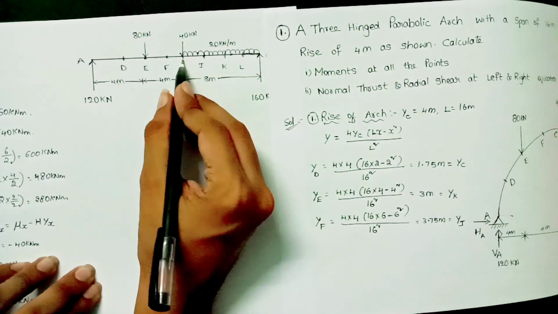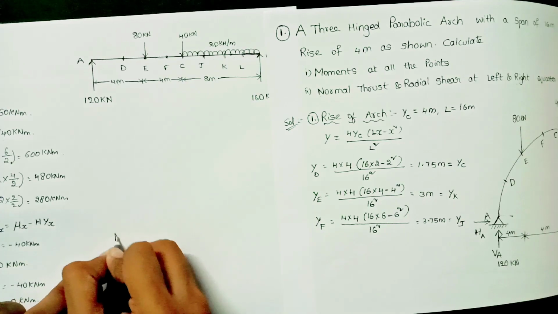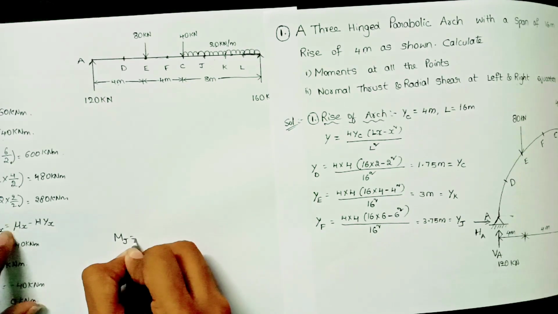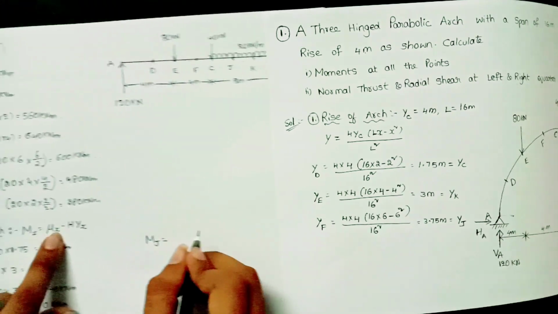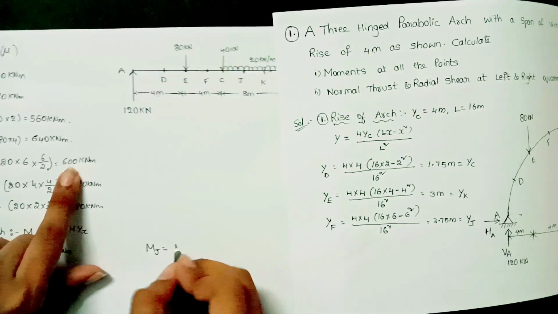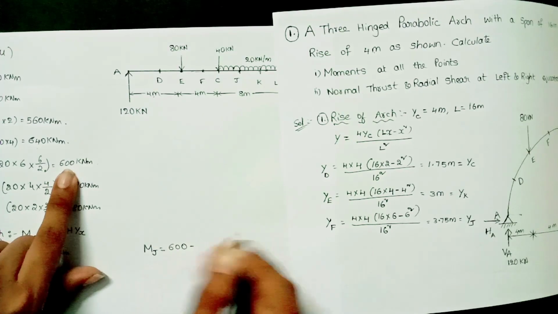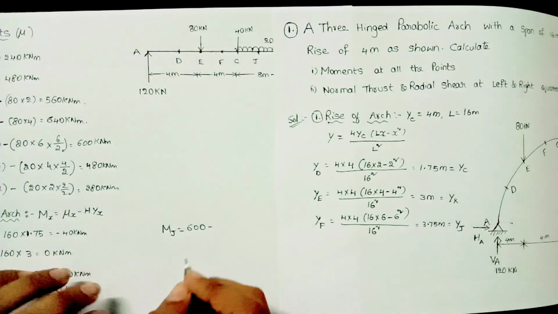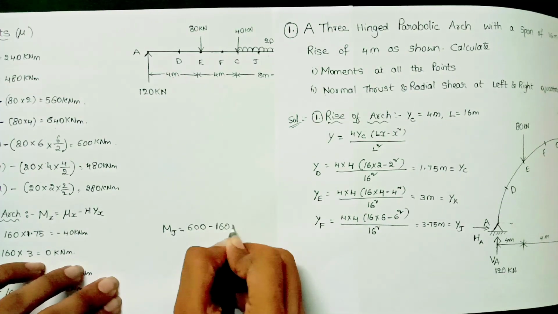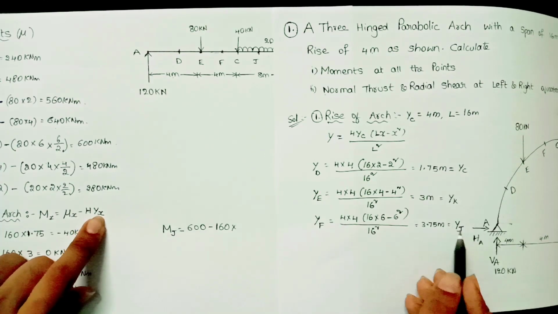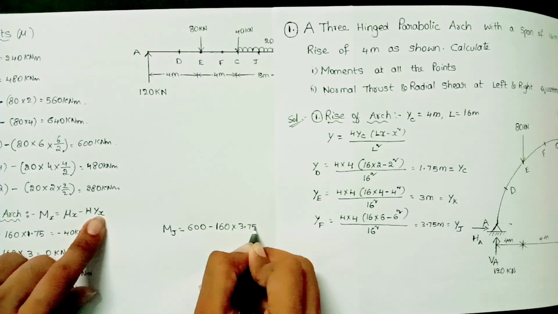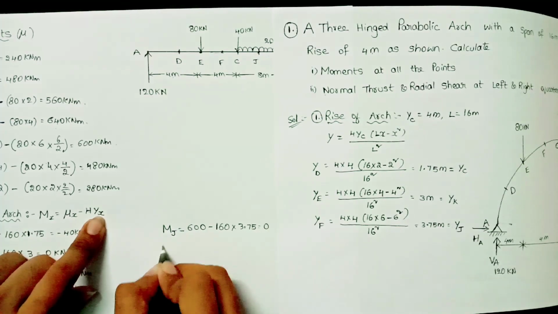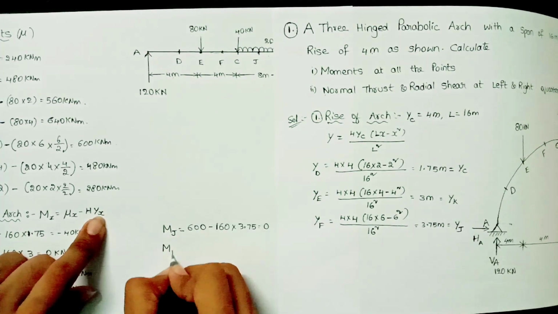Now the next point after C is J. So MJ equal to mu J. Mu J is obtained as 600 kilonewton meter. So 600 minus H value is 160 into YJ. YJ is obtained from step 1 as 3.75. So 3.75 the value is 0, and after J it is K.